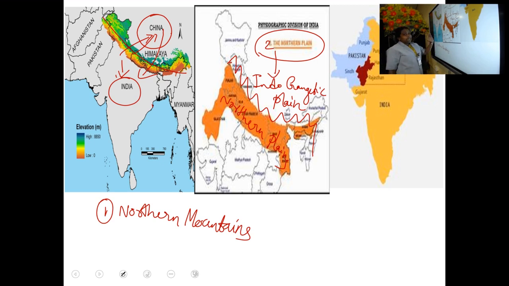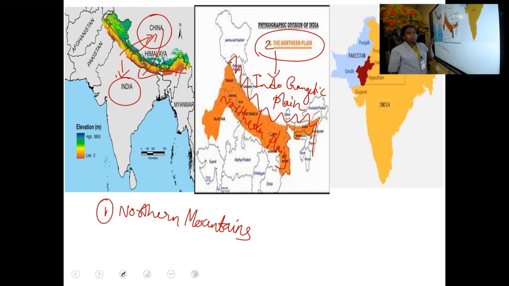Okay, so the Himalayas are located in the extreme north of India. Northern plains are located in the south of the Himalaya mountains. Then, another name for the northern plains is Indo-Gangetic plains.